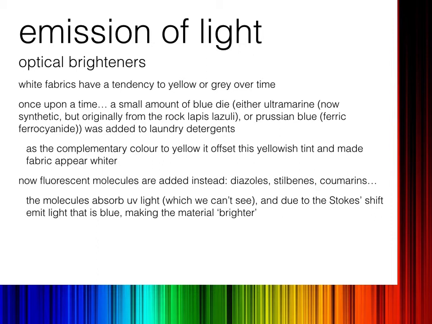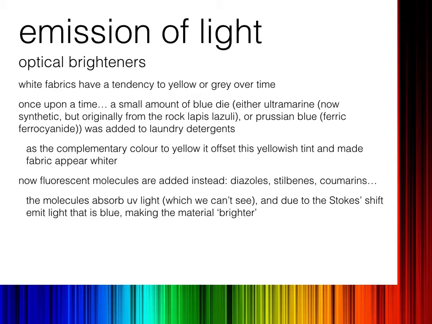What they used to do is be a very pale blue dye, and that blue dye would offset any yellow colour in white fabrics. This blue dye was a fool for the eye, but it didn't do anything other than offset the yellow colour. Now fluorescent molecules are added instead.